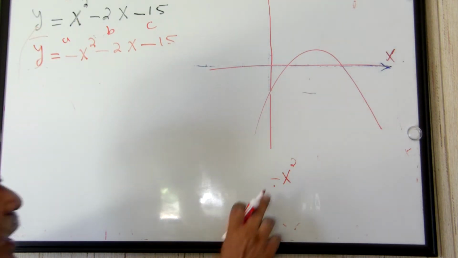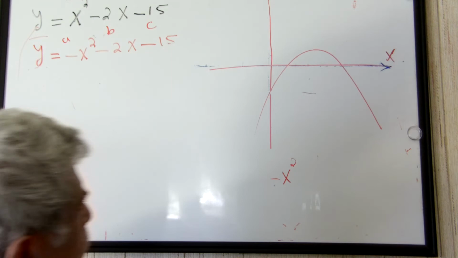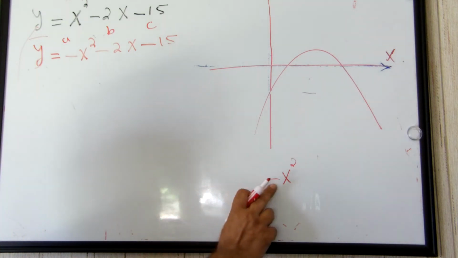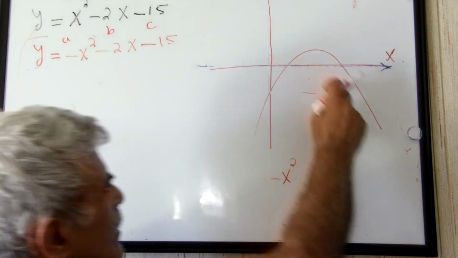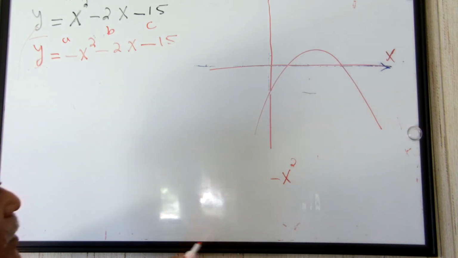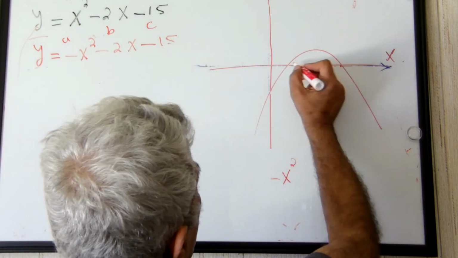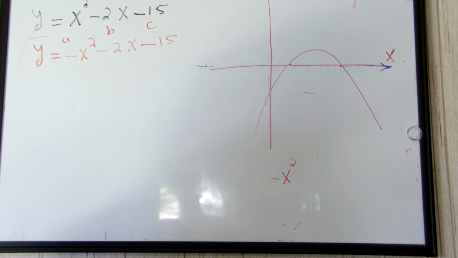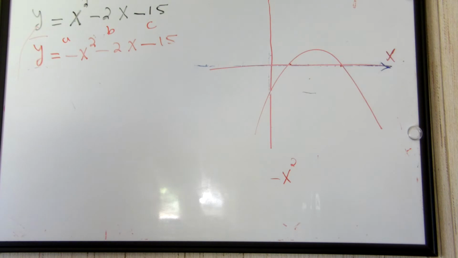I mean minus 1, it could be minus 2, whatever. But it's minus. It opens downward and intersects two places here. These are the zeros of the equation.